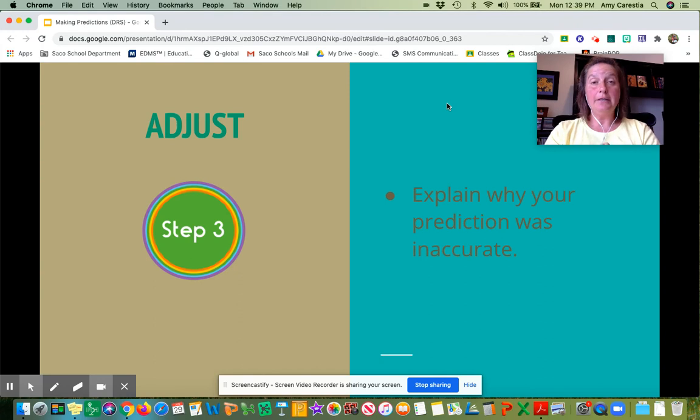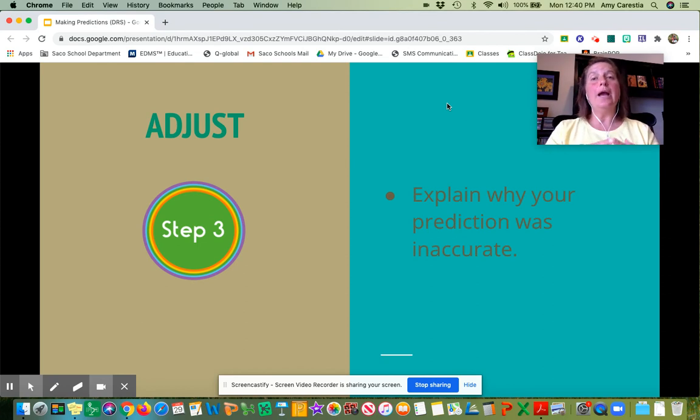So after reading for your independent reading goal, you are going to make a prediction, when I've asked you to, of what is going to happen next in the story. The next time you read, which is hopefully the next day, you will either confirm or adjust your prediction.